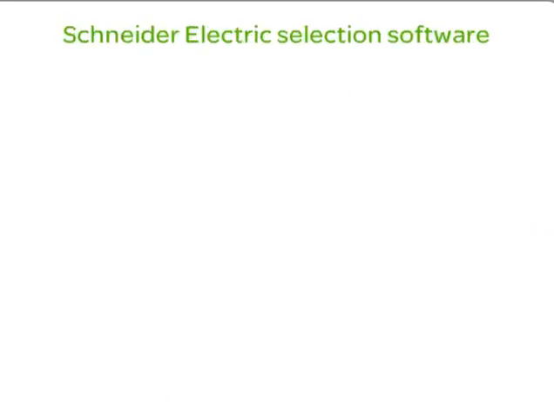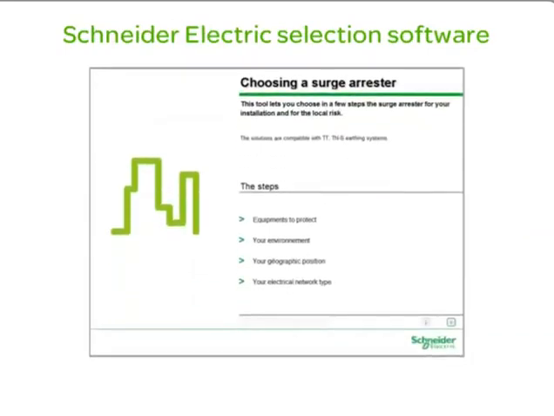If this method does not enable you to easily find the appropriate product, you may use the selection software offered by Schneider Electric. Click the link and don't hesitate to record it in your favorites.